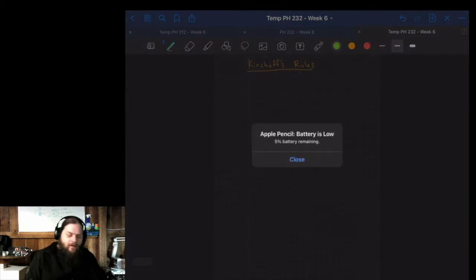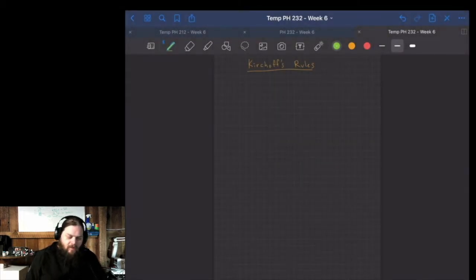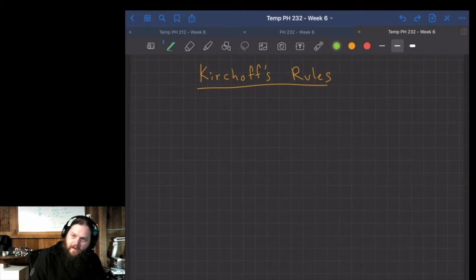Now we're going to dive a little bit into Kirchhoff's laws. So Kirchhoff has two basic rules for circuits. The first rule is what we call the junction rule. Let me zoom in here.